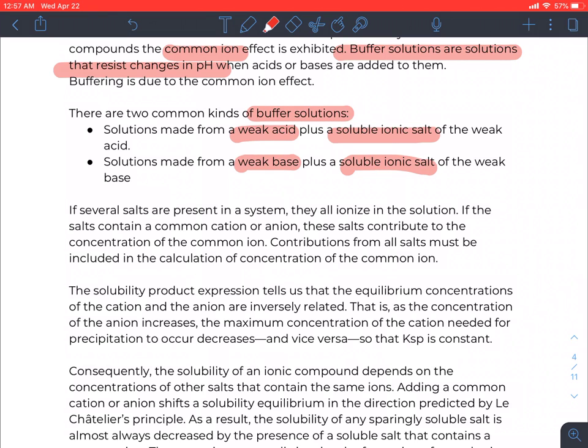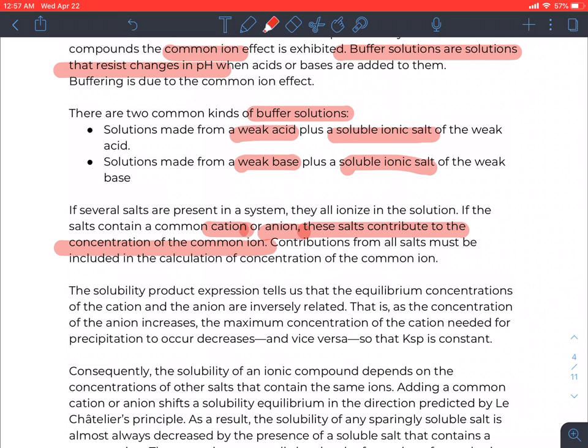Now, if several salts are present in a system, they all ionize in the solution. If the salts contain a common cation or anion, remember that's a positive and negative ion, these salts contribute to the concentration of the common ion. Contributions from all salts must be included in the calculation of concentrations of the common ion.